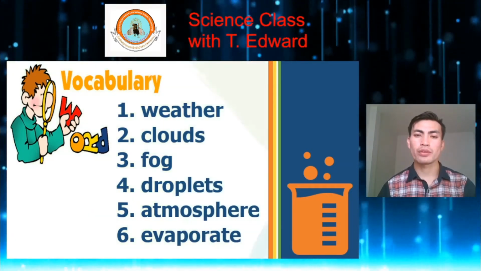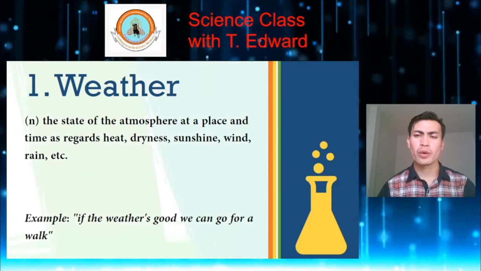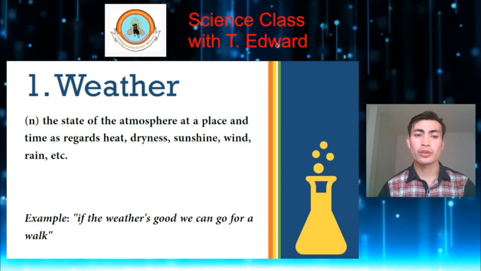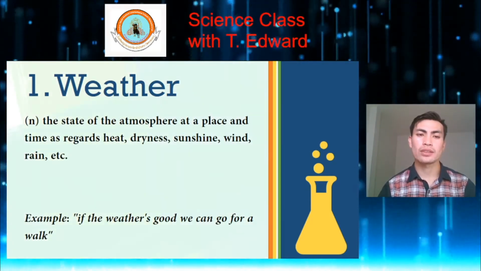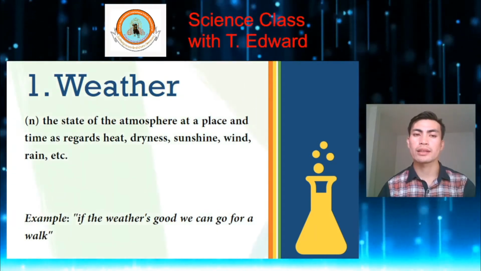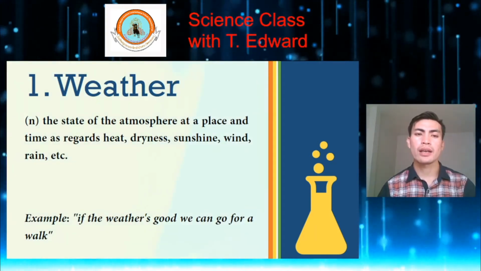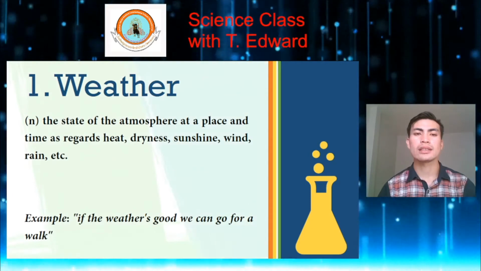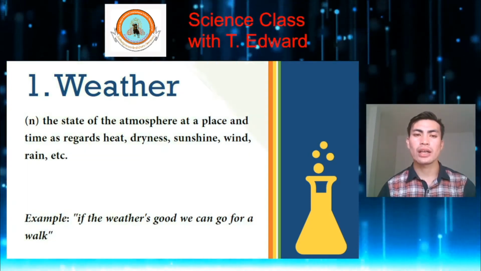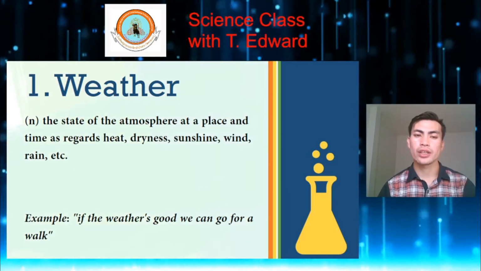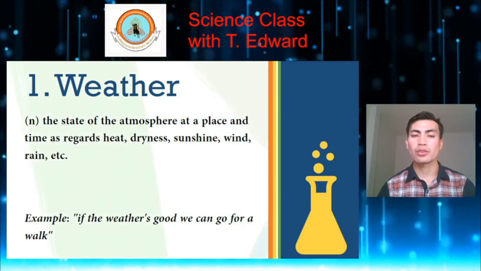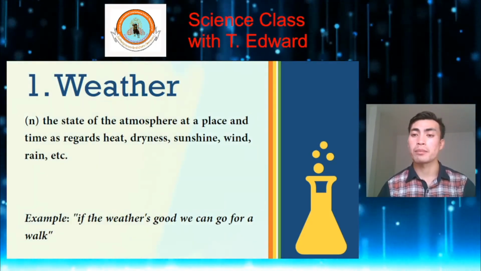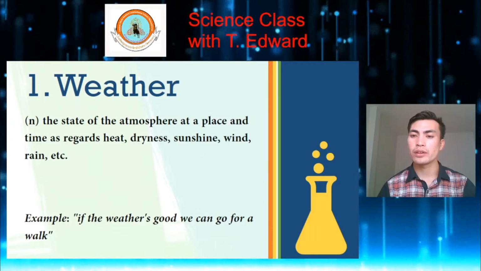Now let's proceed to the first word, weather. Weather is a noun that means the state of the atmosphere at a place and time as regards heat, dryness, sunshine, wind, rain, etc. So you can ask your friend who is living in America, what is the weather like there?